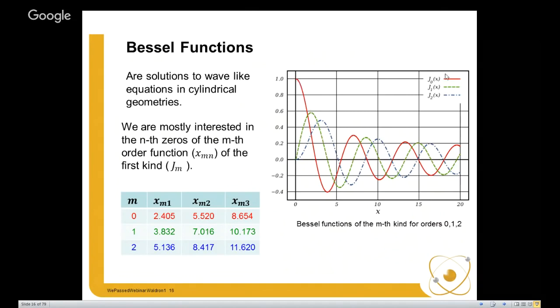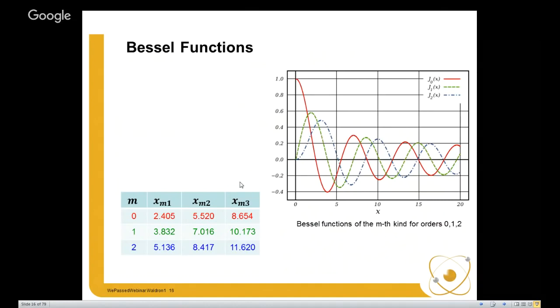In other words, we're interested in the 0th Bessel function, and we want the 0, 1 version of it, and that corresponds to 2.405, which is this 0 here. We could also use any of the zeros of this one to get propagation within the cavity we're talking about. These other versions of the Bessel function would give us different modes of propagation.